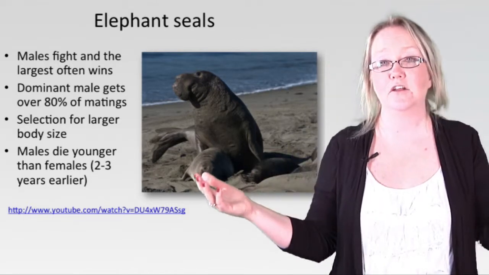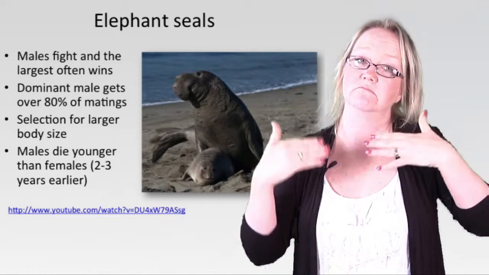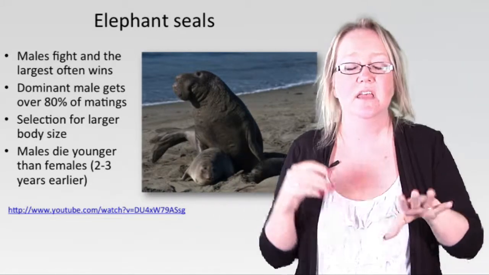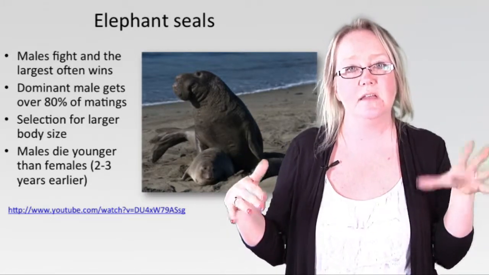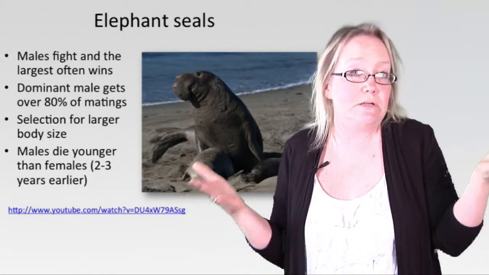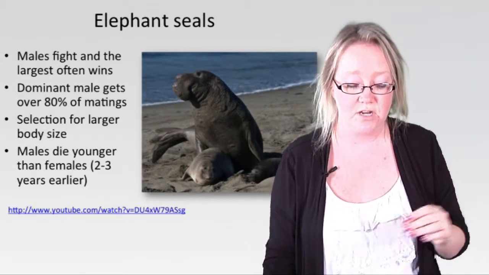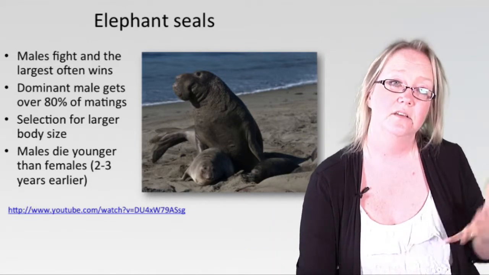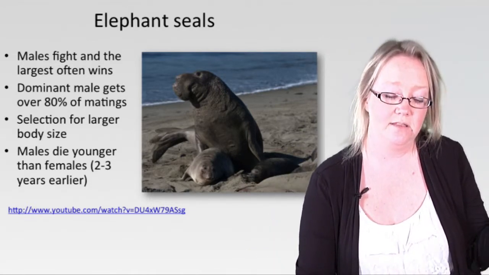So you can see it's not 100%. There are subordinate males that are kind of sneaking in maybe some places, catching matings where they can, not winning competitions, but still getting some of their genes into the next generation. But generally, the largest males are the ones that are getting the matings and therefore getting their genes.